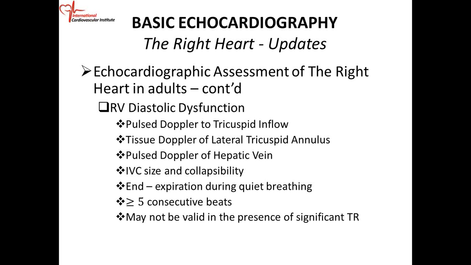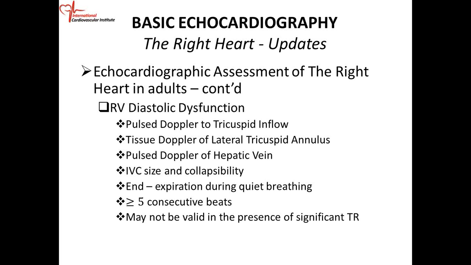Remember, the things that we use to assess RV systolic function is TAPSE, tricuspid annular plane systolic excursion, and that is looking at the tricuspid annular plane, how much it is displaced in systole. Okay. Fractional area change, that's another method of evaluating RV systolic function.